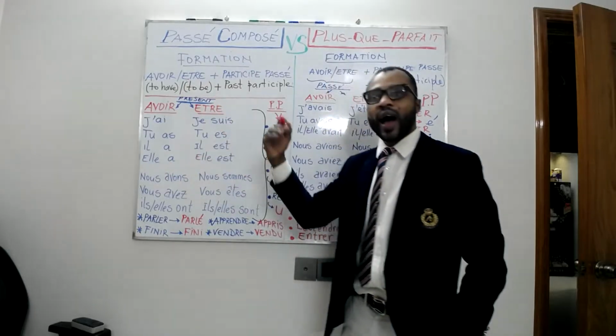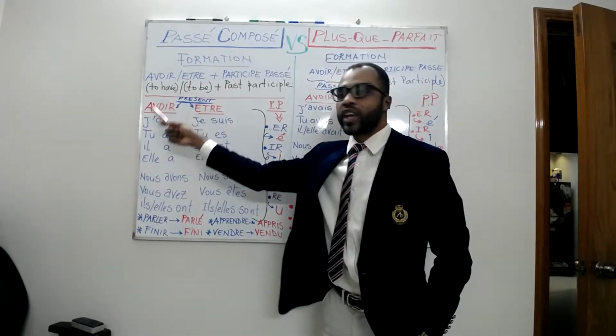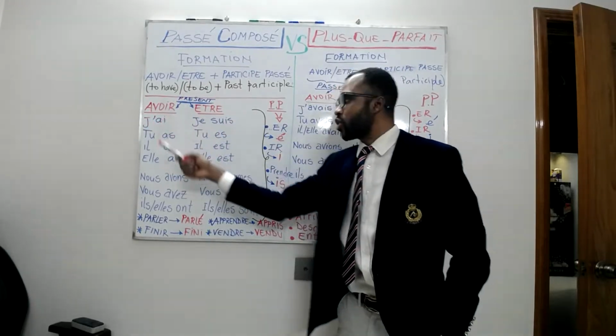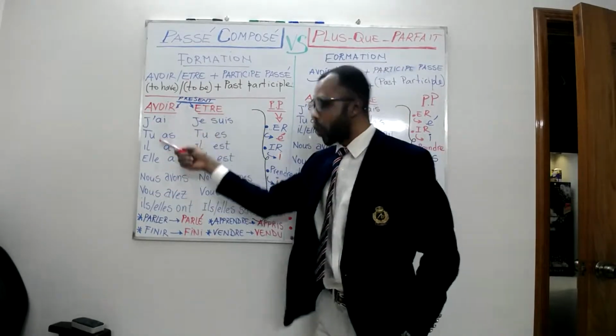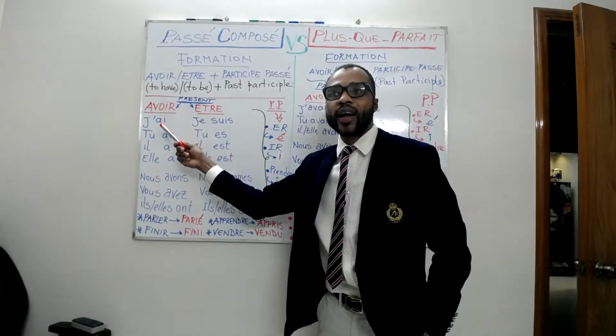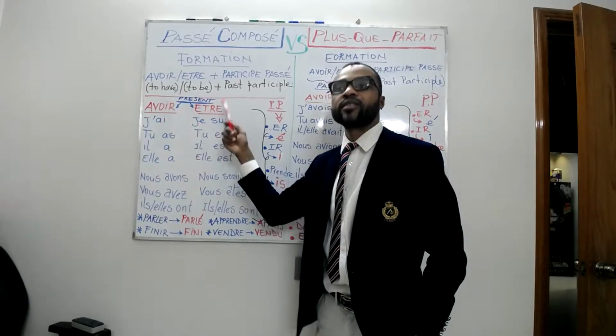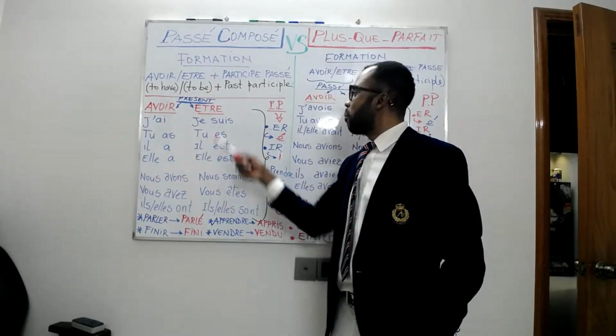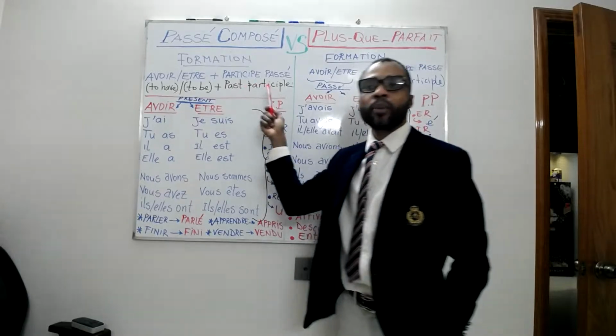So in French, I have, we're going to say j'ai. So it's also important to know and master the verb to have, avoir, and être in the present tense, plus the past participle.